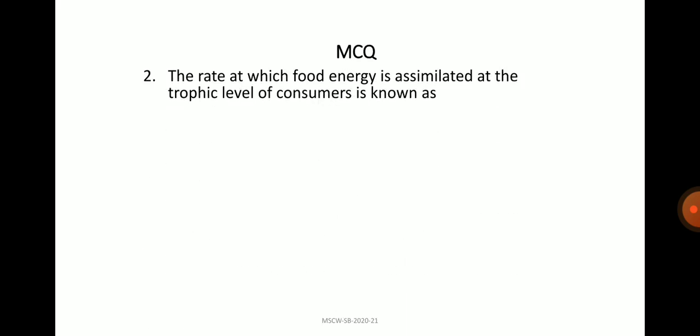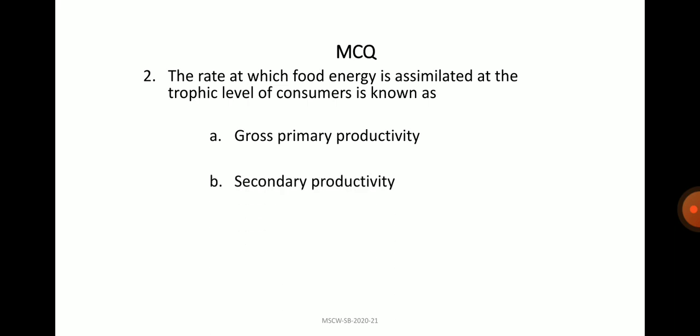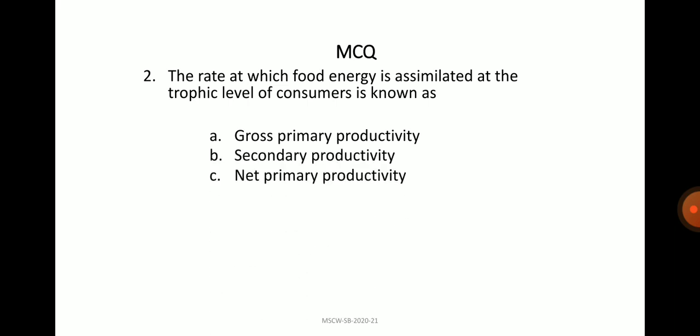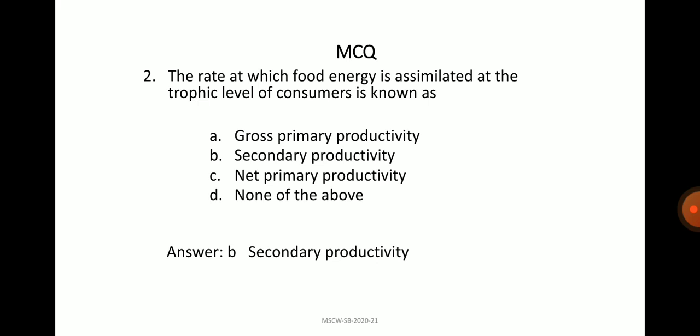The next question, the rate at which food energy is assimilated at the trophic level of consumers is known as: the options are A, gross primary productivity, B, secondary productivity, C, net primary productivity, and D is none of the above. So the answer being option B, that's called secondary productivity.